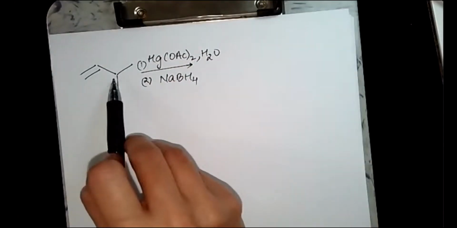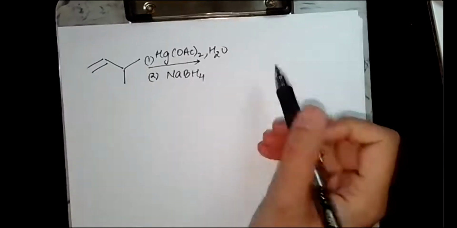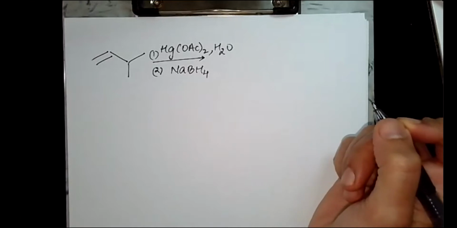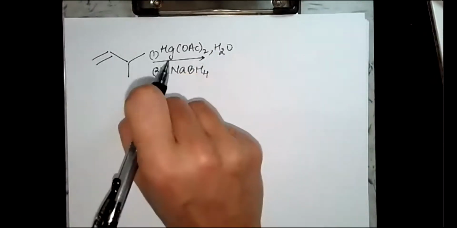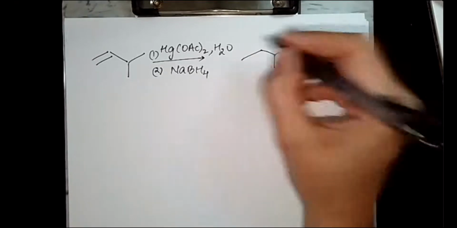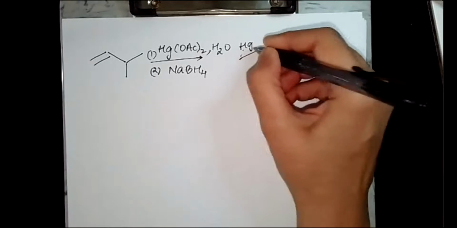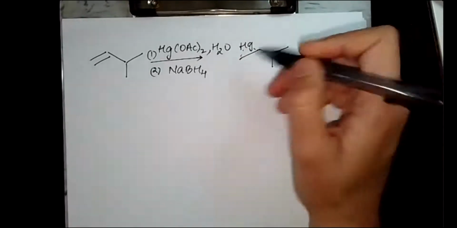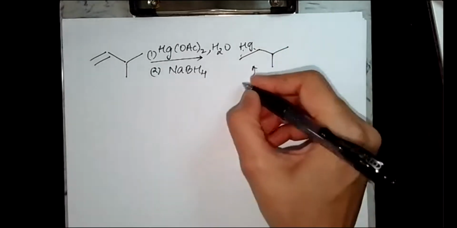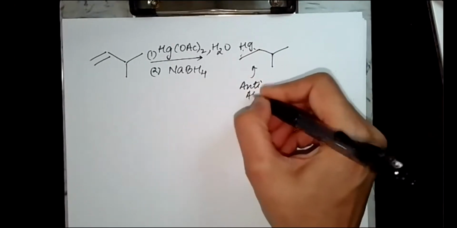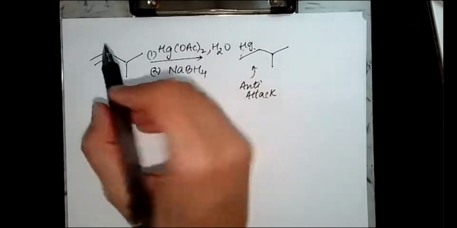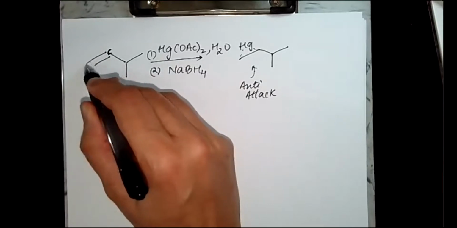So I have this kind of alkene and I have this reagent. What is my new product going to look like? This is going to have a bridged kind of effect, right? So my incoming nucleophile is going to come from the opposite side, which is the anti-attack. But which carbon is it going to attack?